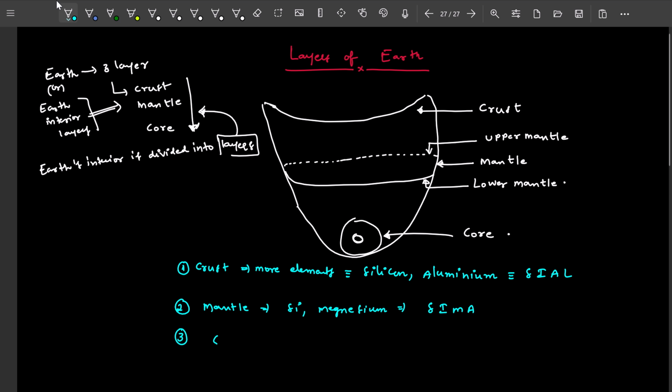The next one is the core. The earth's core has nickel and iron, so it is also called the Nife. This is the classification of the layers of the earth.